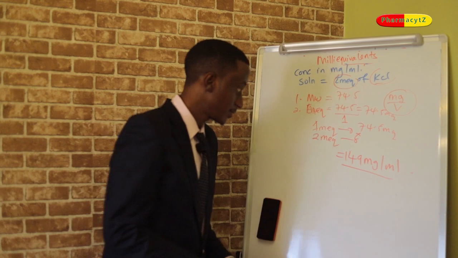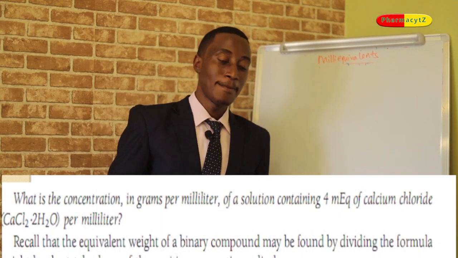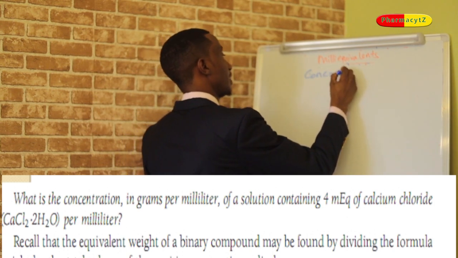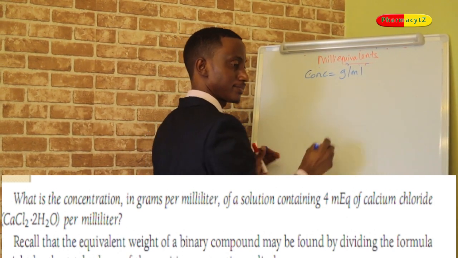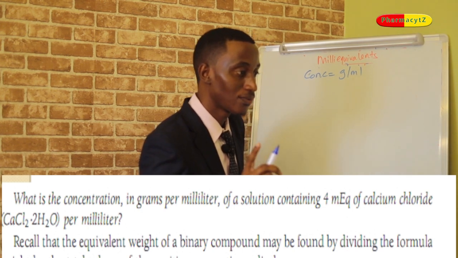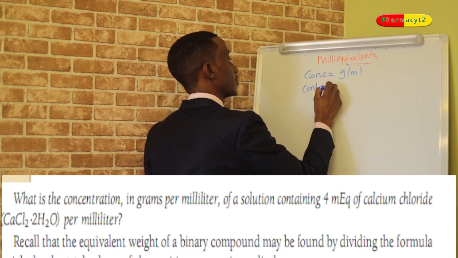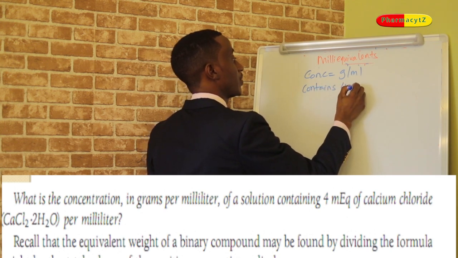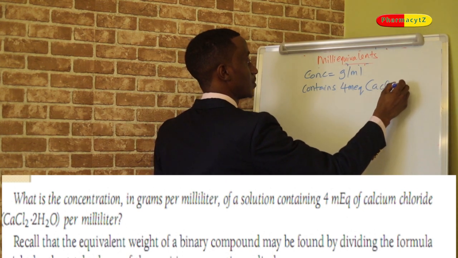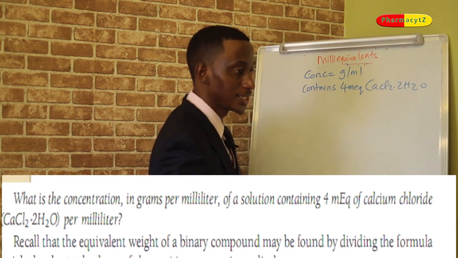One more example. What is the concentration in grams per milliliter? So what is required here is the concentration in grams per mil of a solution containing 4 MEq of calcium chloride, which contains 2 molecules of water per milliliter.